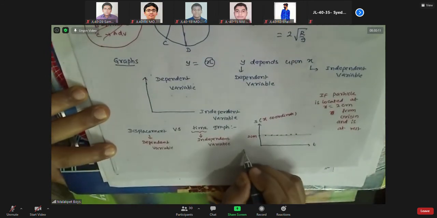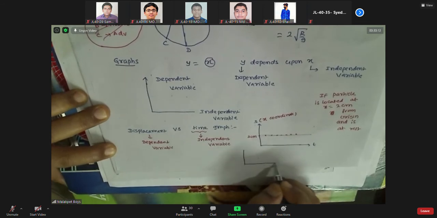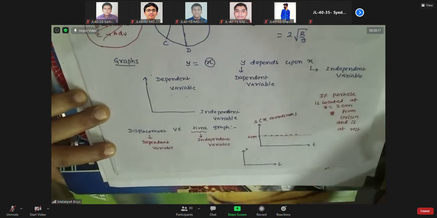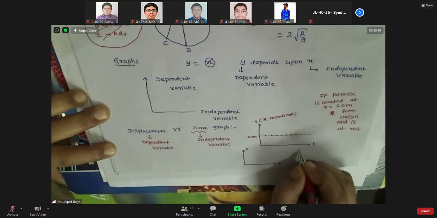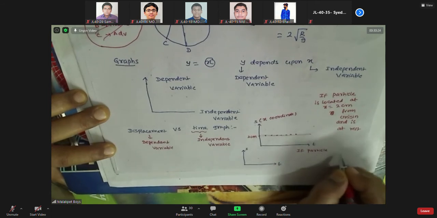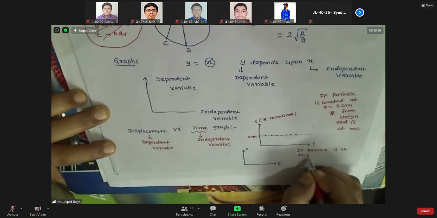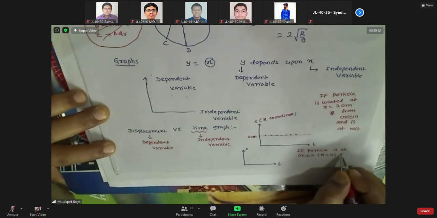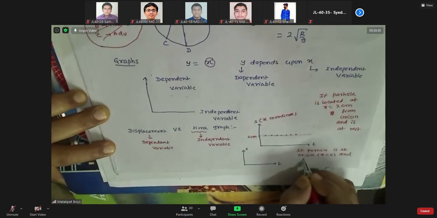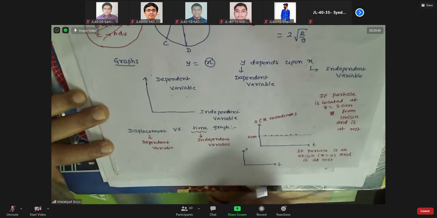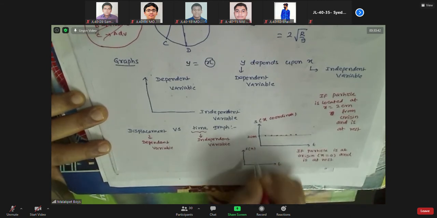Similarly, suppose we have a case where the particle is at origin. Origin means this is x and x coordinate.